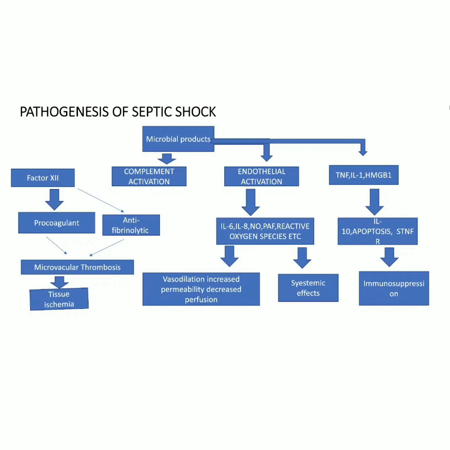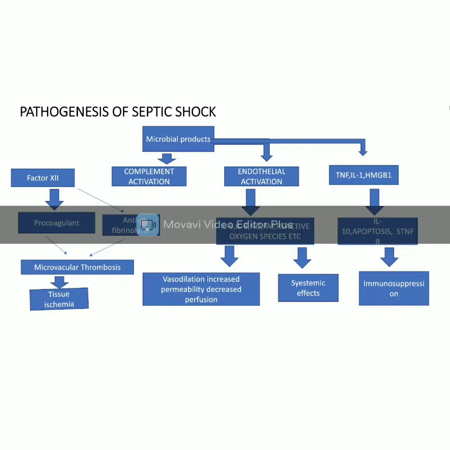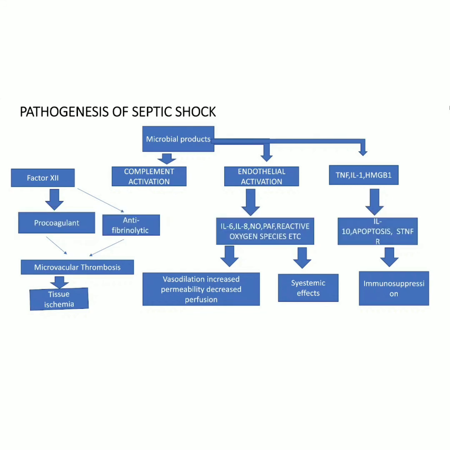When they get released, what happens? There is endothelium activation. When there is endothelium activation, there is increase in permeability, increase in vasodilatation, etc. And also there is activation of complement pathway. When complement pathway is activated, there are opsonins, chemotaxis, all this happening that is helping in further removal of the pathogen.